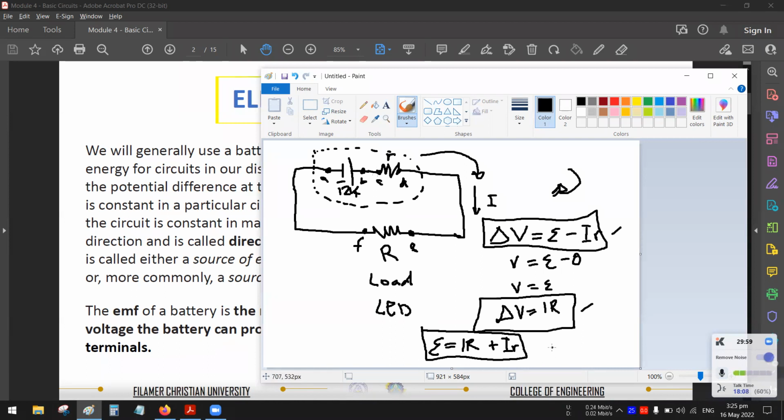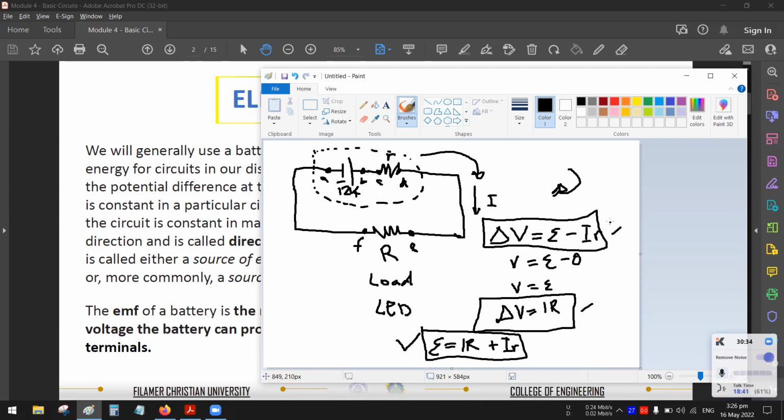Okay, so this is combining, if we combine these two equations, okay. So your EMF is just equal to the sum of your internal resistance multiplied by the current in a circuit and your external resistance multiplied by your current. So this is, let's say, ito na yung combination ng formula mo.